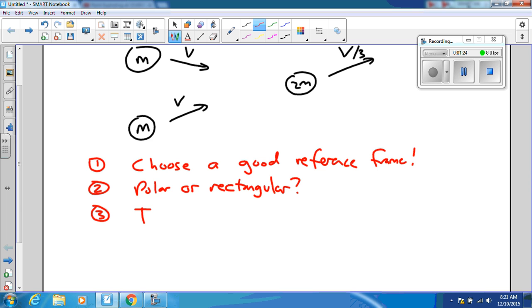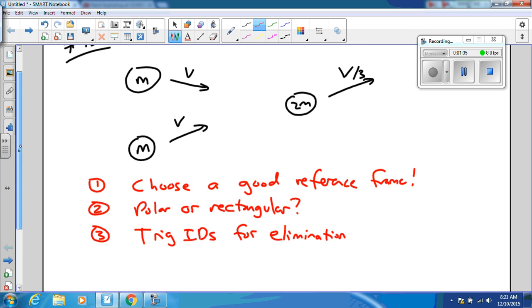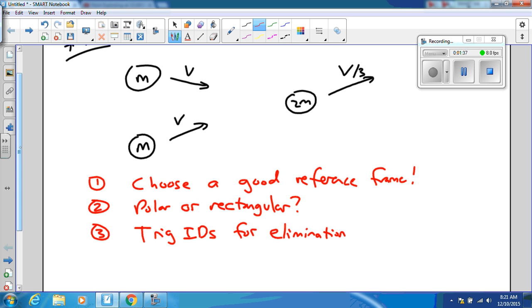And the third idea that I want to get across is the idea of trig IDs for elimination. So let's take a look at each one of these ideas.